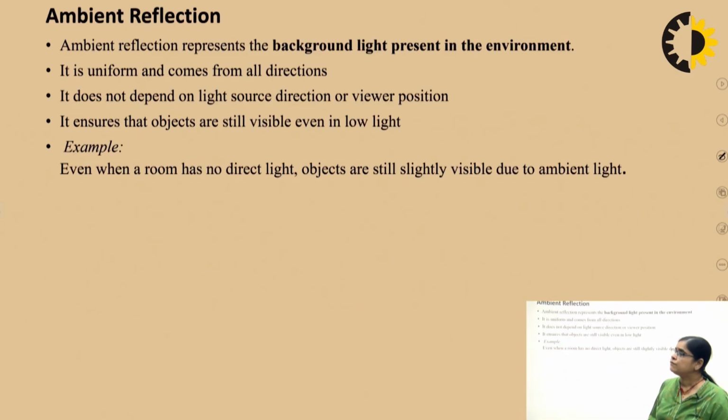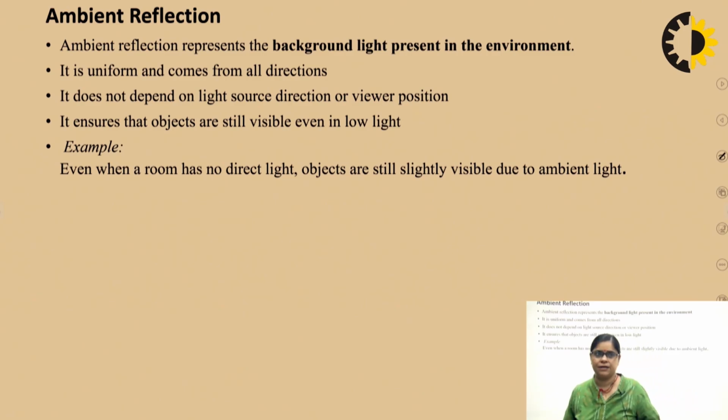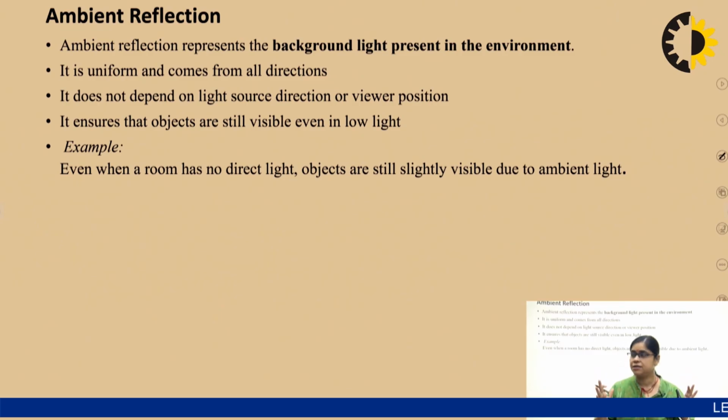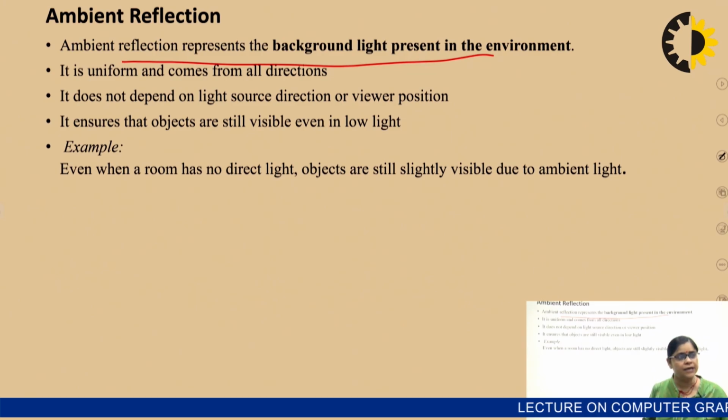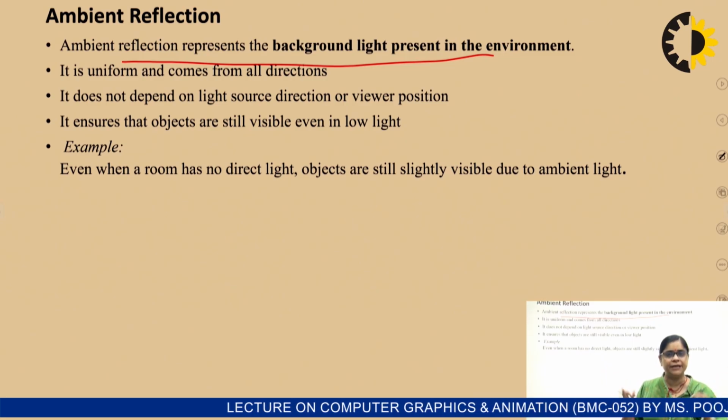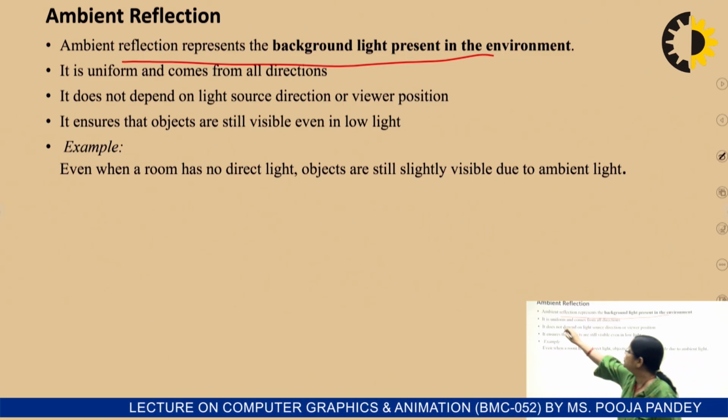Now, the ambient reflection mainly represents the background light of the environment. It always comes in from all directions, and the intensity of the light will be equal, which means it is uniform.